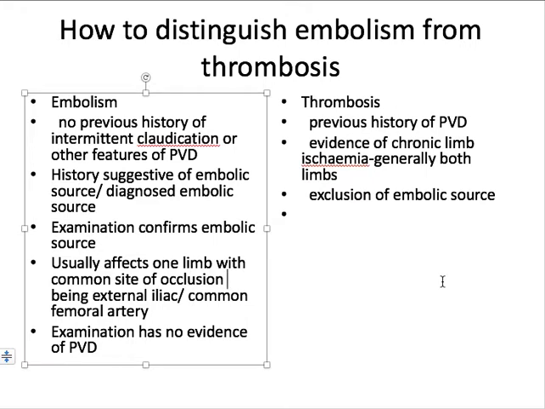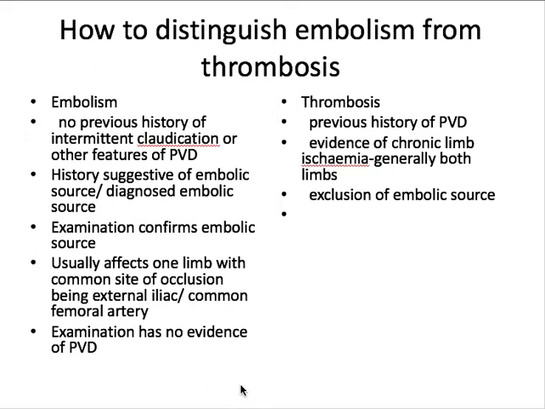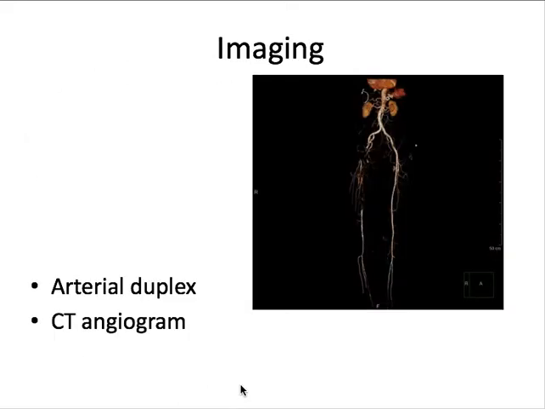So, it is easy to diagnose it. And for confirmation, of course, arterial duplex is there. If you need more evidence, a CT angiogram, and here you can see there's an acute thrombus there.